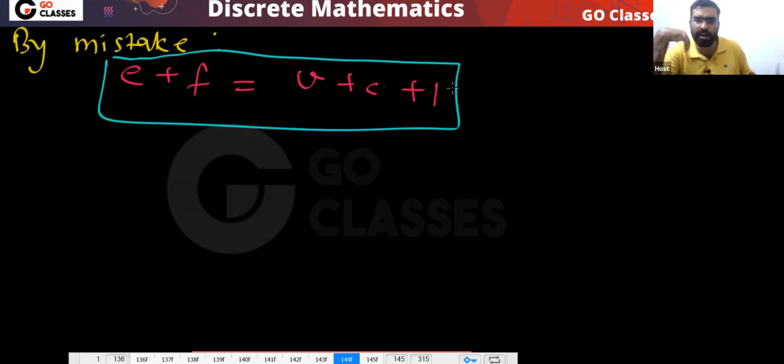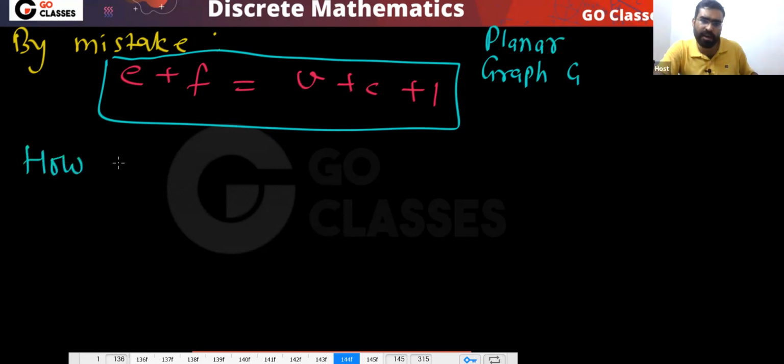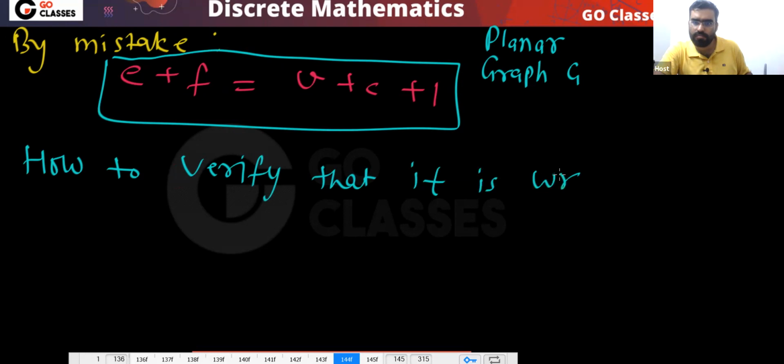If you write this formula by mistake for a planar graph, then how to verify that this is wrong? Very simple.